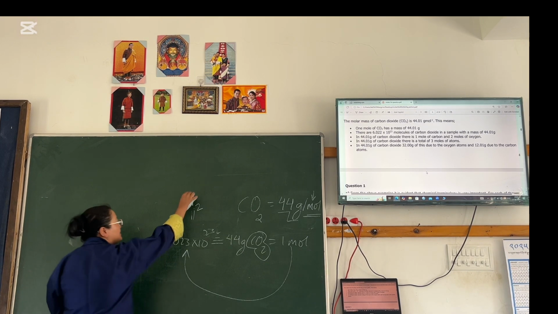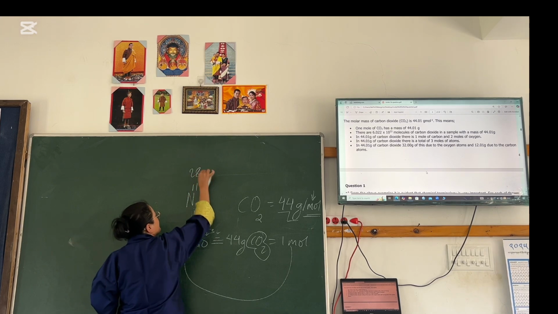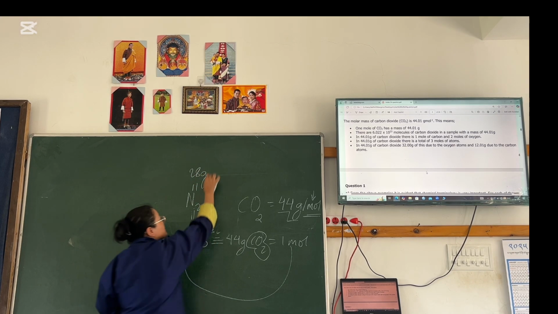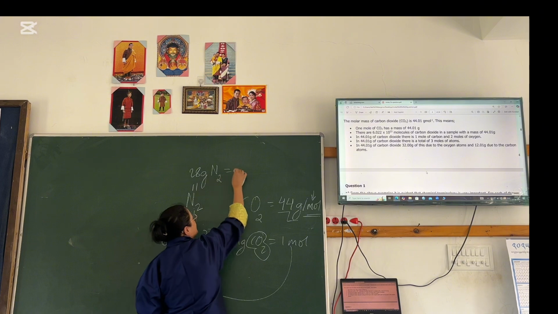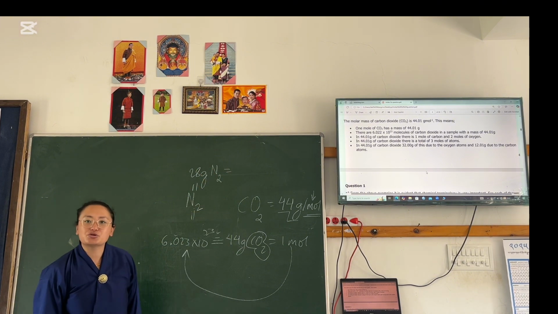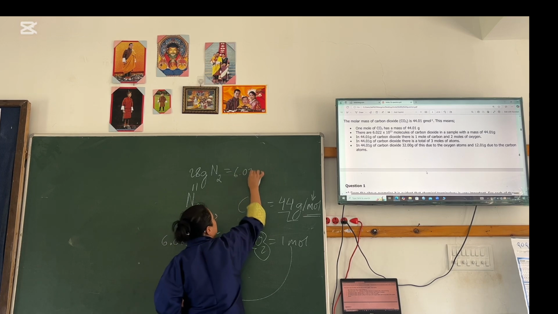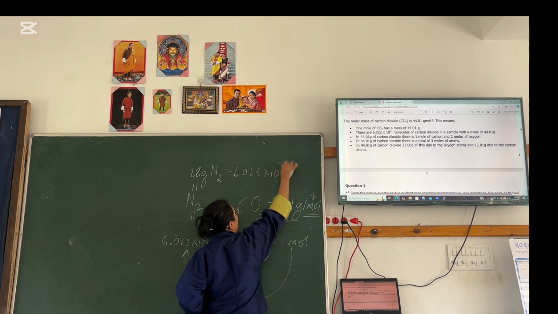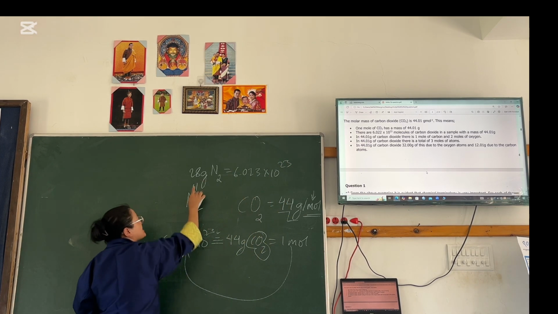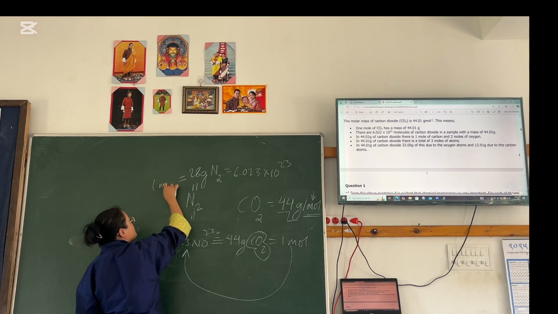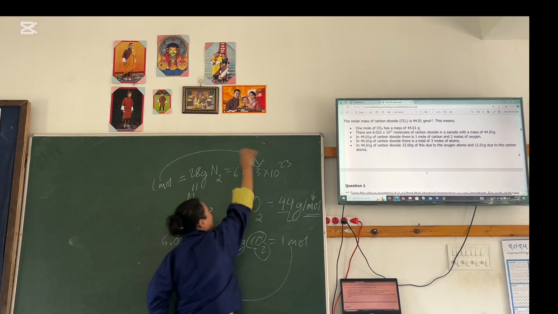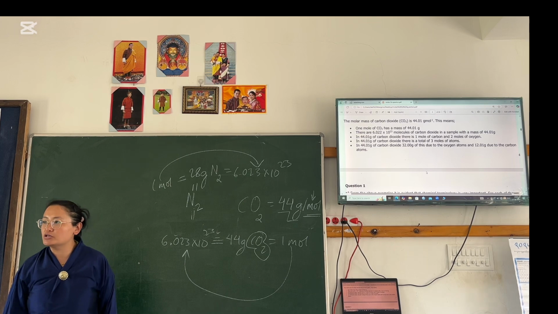Yes? Meaning for N2, 28 grams is 1 mole. So in that 28 grams of nitrogen, how many molecules of nitrogen will be present? Avogadro's number, 6.023 times 10 to the power 23, because 28 grams of nitrogen is equal to 1 mole. In 1 mole, we have Avogadro's number of molecules.